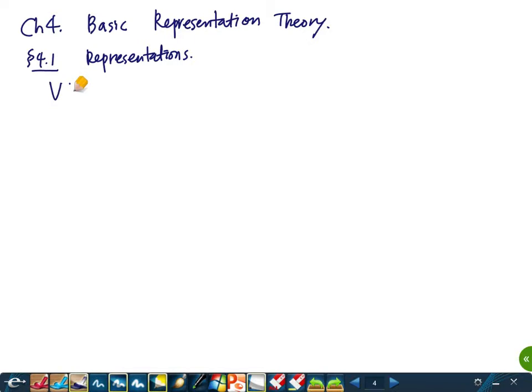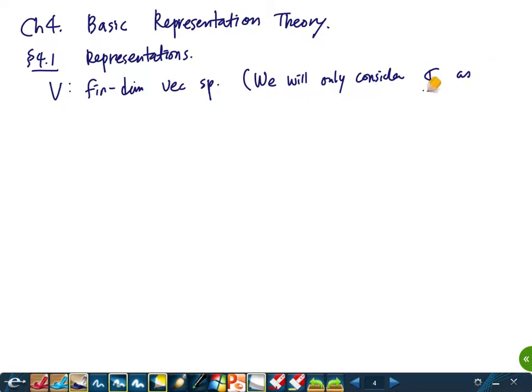So V is a finite dimensional vector space. And from now on, we will almost always only consider C as the base field.